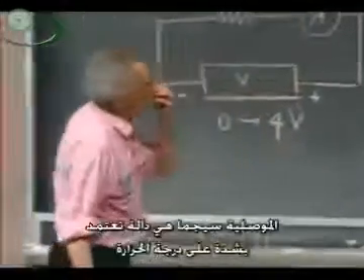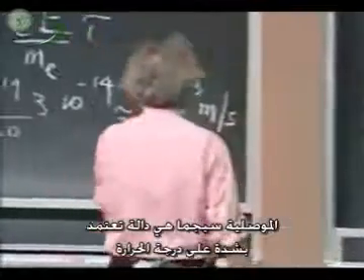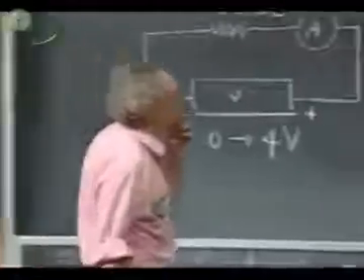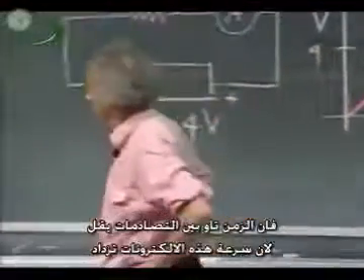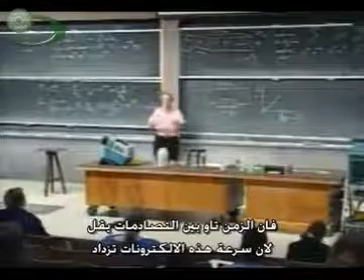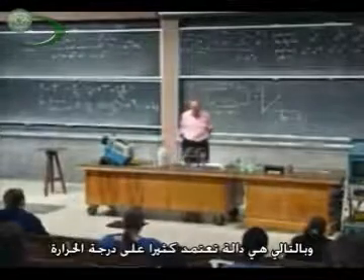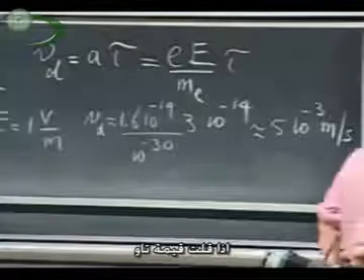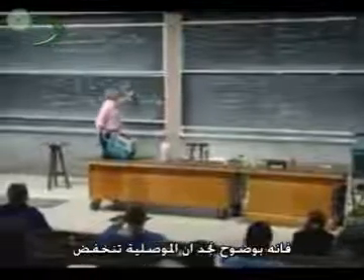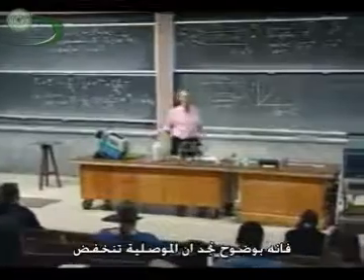The conductivity, sigma, is a strong function of the temperature. If you increase the temperature, then the time tau between collisions goes down because the speed of these free electrons goes up. It's a very strong function of temperature. And if tau goes down, then clearly the conductivity will go down.